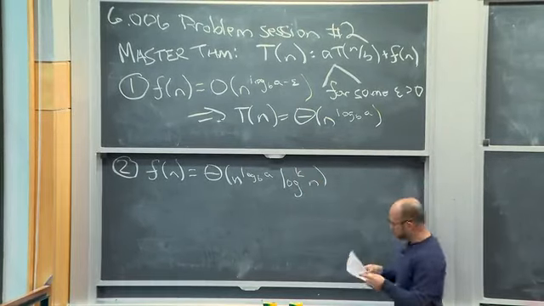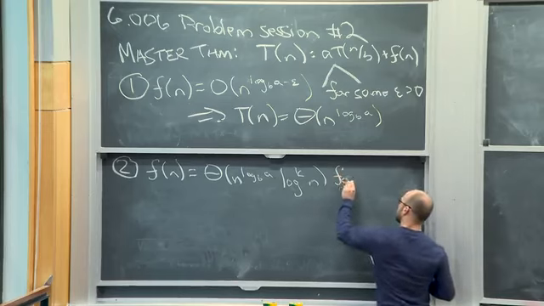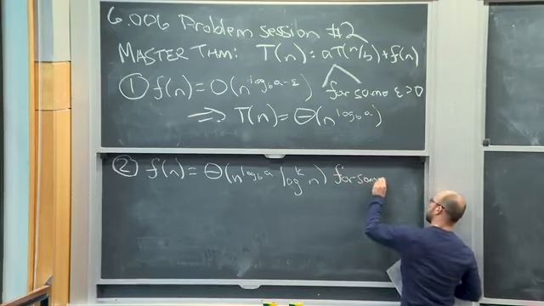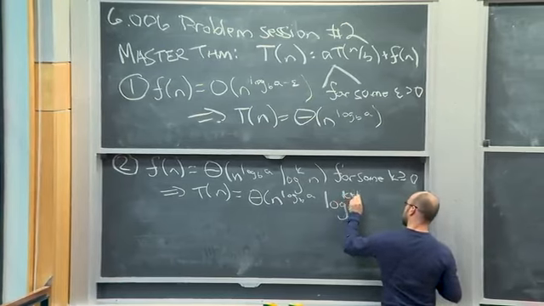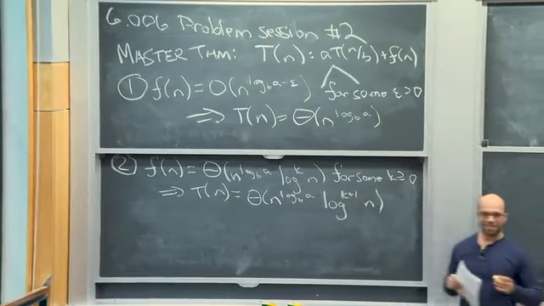For some non-negative k, in which case what we learn is that T(n) is theta of n to the log base b of a times log to the k plus 1 of n.